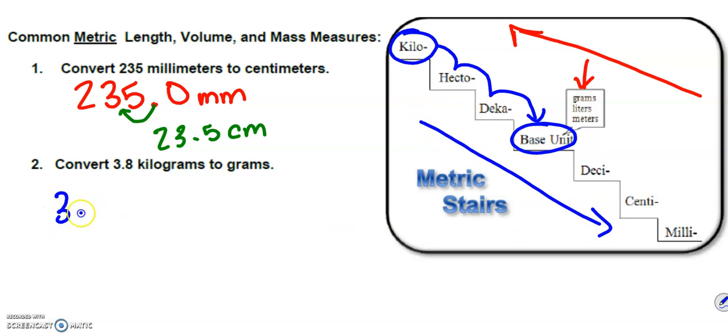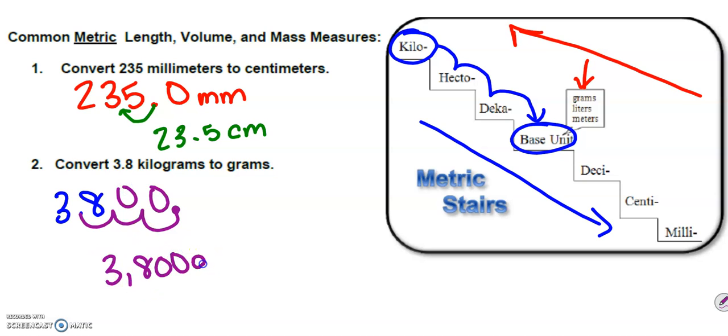So if I have 3.8 kilograms, going 3 to the right means I go 1, 2, 3. And now I just put zeros wherever there were no numbers. So it's 3,800 grams. So 3.8 kilograms is equal to 3,800 grams.